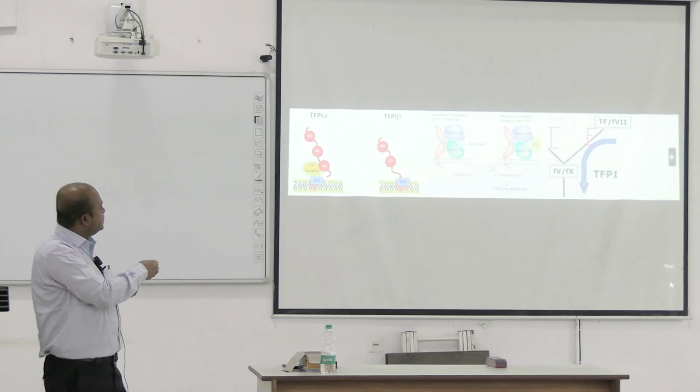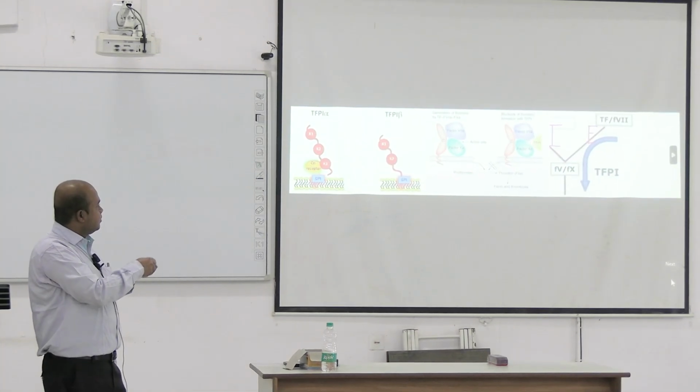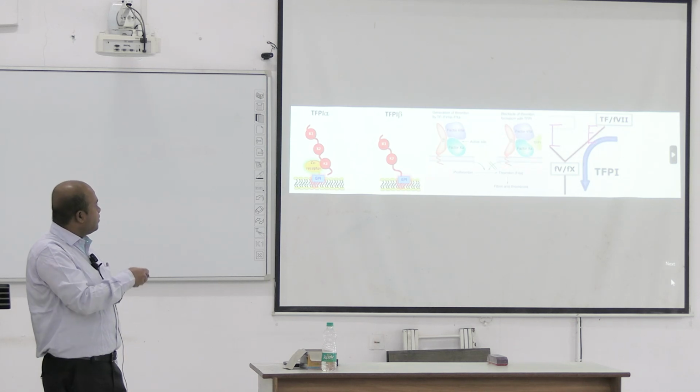The beta form inhibits only this one. Prothrombin to thrombin is just for mentioning. TFPI is blocking this one, but its alpha form can also inhibit the factor 5, factor 10 complex.